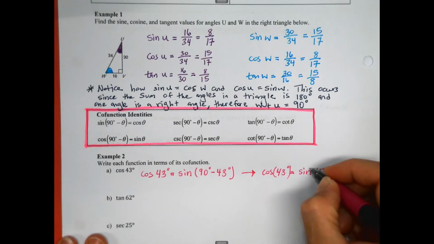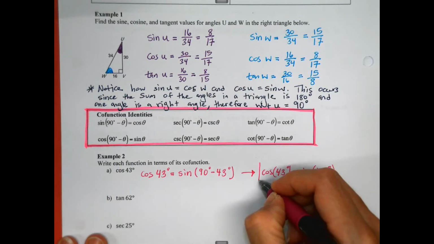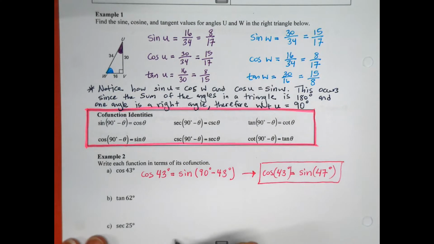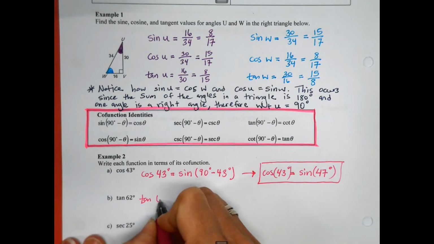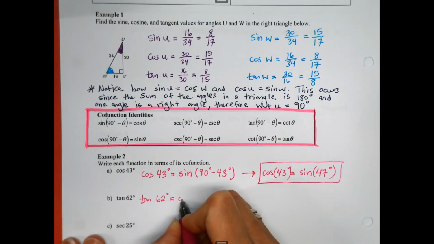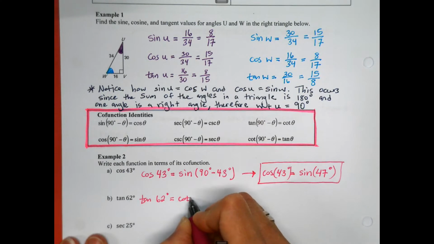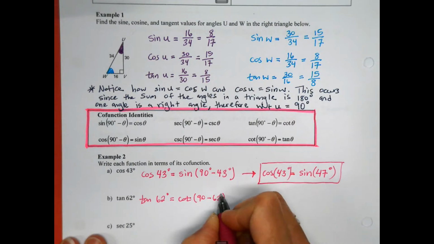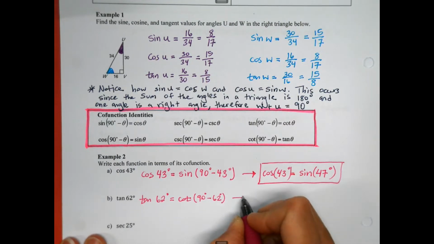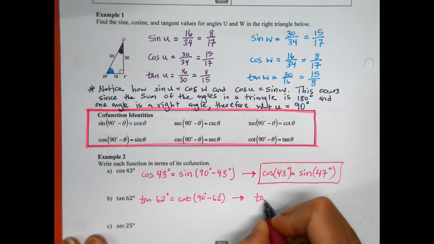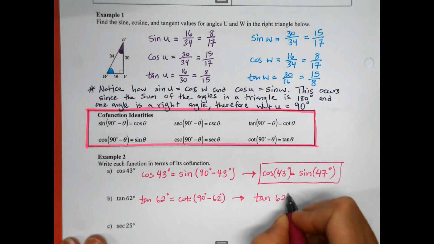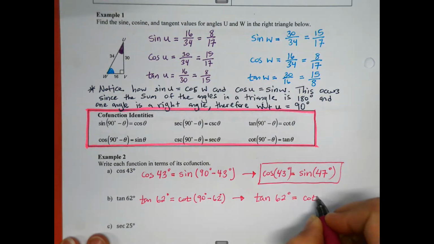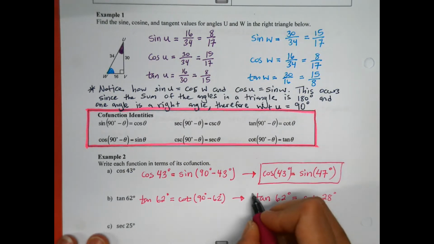So that is our cofunction. Tangent of 62 is equivalent to the cotangent of 90 minus 62. So our cofunction, tangent of 62 degrees, is equivalent to the cotangent of 28 degrees.